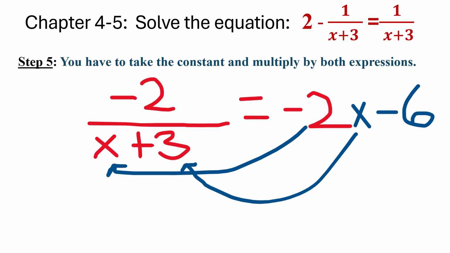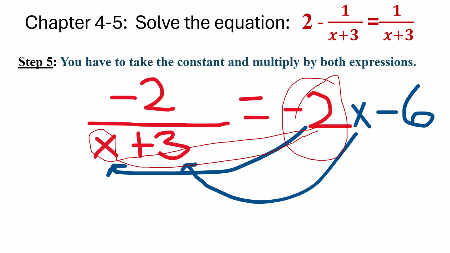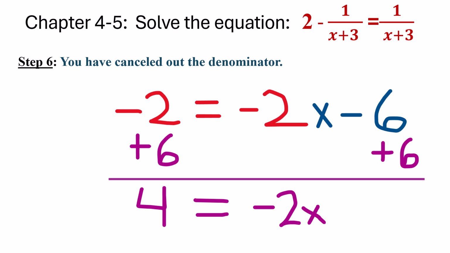It becomes negative 2x because this negative 2 went and grabbed this x, and he said, hey, multiply with me, negative 2 times x, and then this went, negative 2, come over here and dance with me, but I'm positive, and he came back as a negative 6 because of this negative 2. So now you have negative 2 equals negative 2x plus 6. Now you can solve for x.